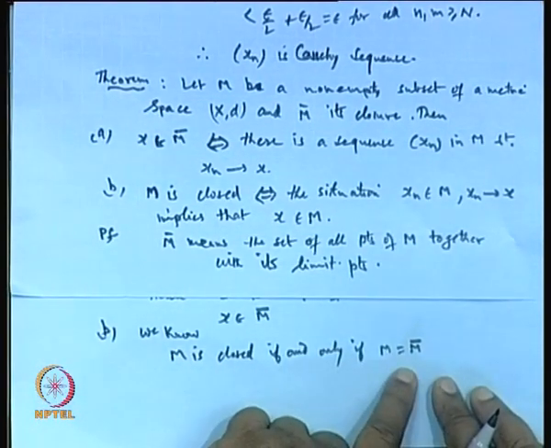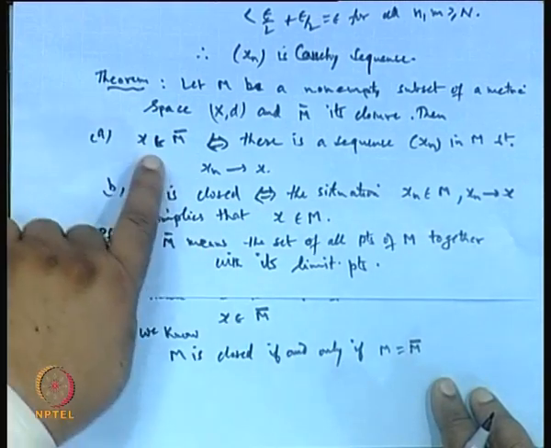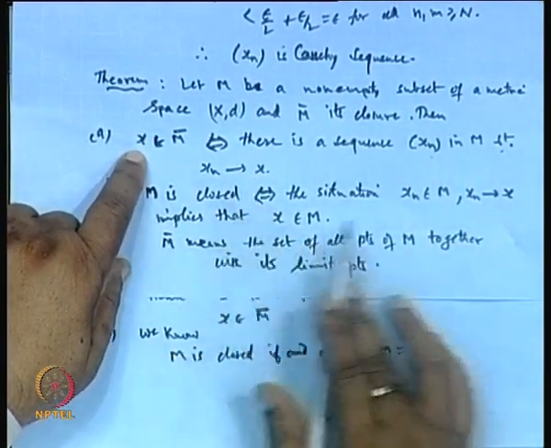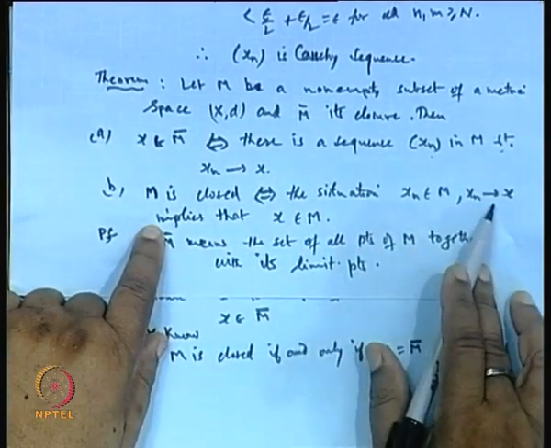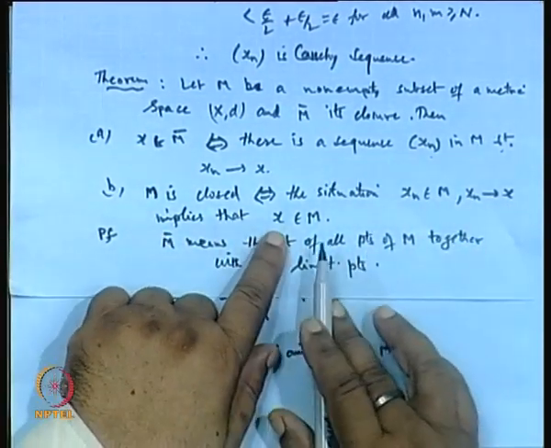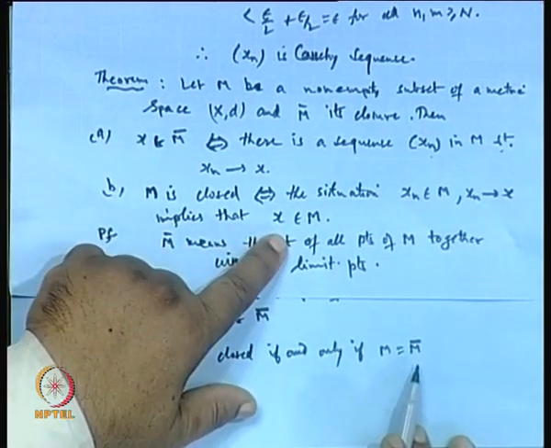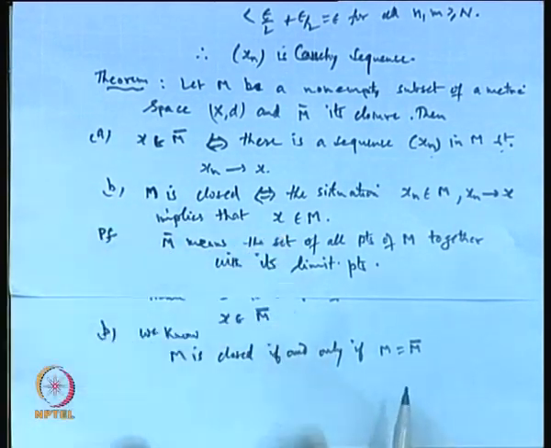So, according to part A, there will be a sequence x n which goes to x. So, we get the sequence x n belongs to M, but the point x will be in M because M is closed. So, it will be a point of M bar, meaning it will be in M, okay, and vice versa.